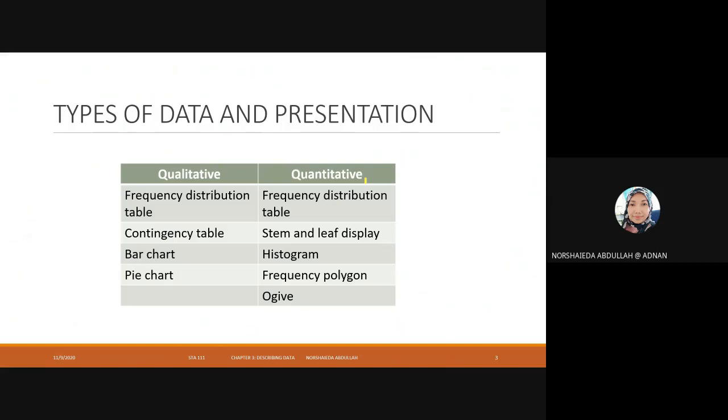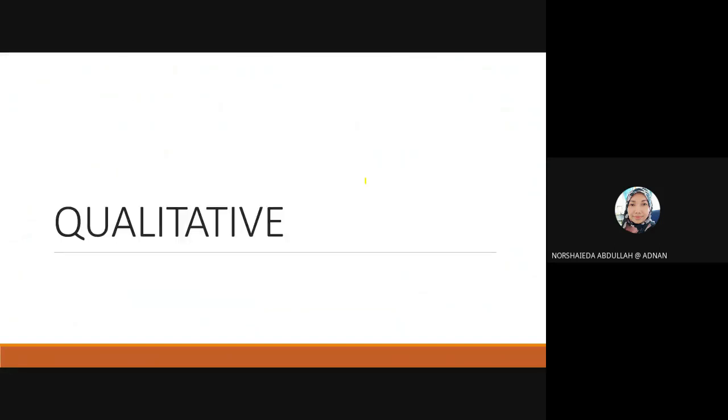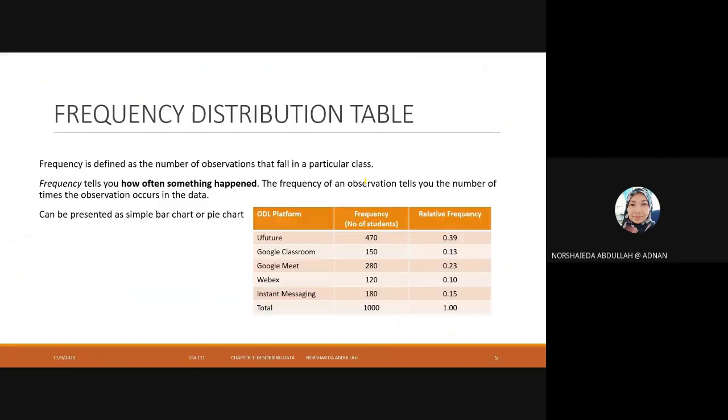We will discuss two types of table, frequency distribution table and contingency table, and two charts, bar chart and pie chart. This week, we will just discuss data presentation for the qualitative variable.